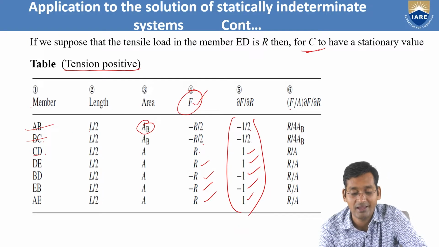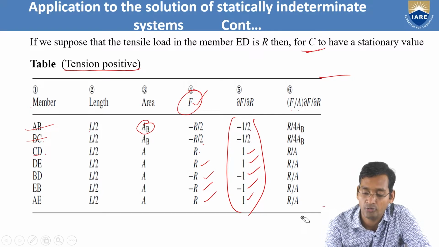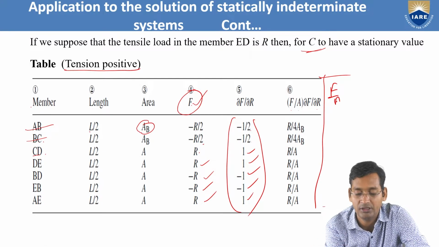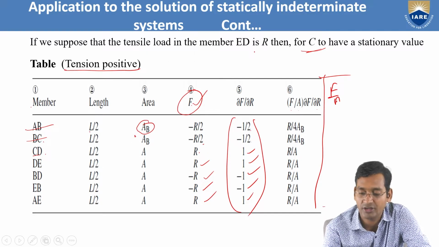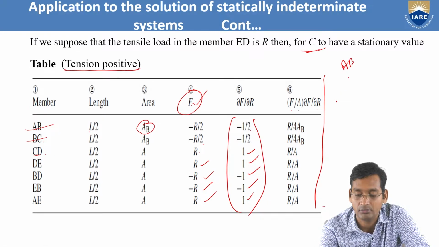Next, what is required? F by A into dou F by dou R. Or you can just take another column here, right? Or you can find first F by A also. Okay, so I am showing how to find this one. So first, what is required? F by A by AB. So for AB, I am finding, right?